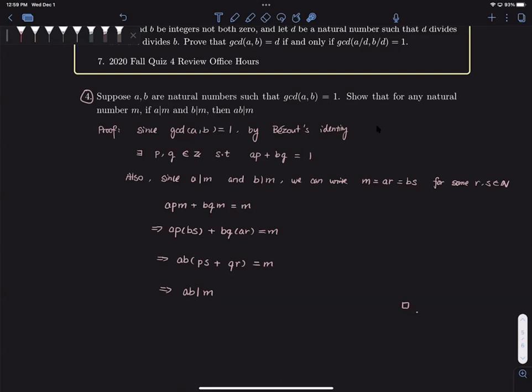Okay, so we understand everything till here. What I did next is I multiplied this by M on both sides. Okay, what about I write it like this? You understand it now? The logic behind it.